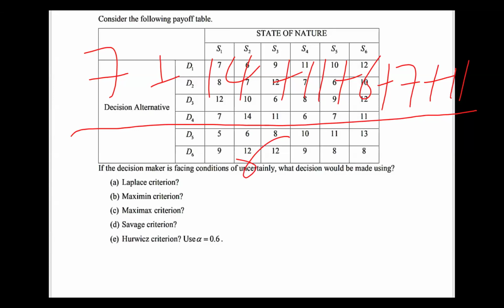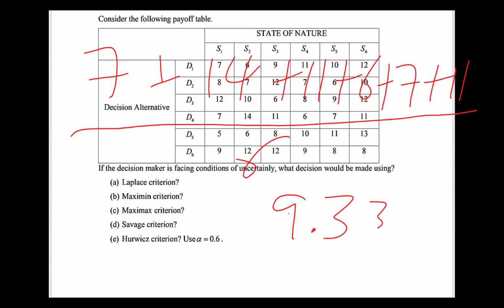That's 9.3. Which one was 9.3 as well? That one was 8.3 for decision 3. Okay, 8.3, 9.3.